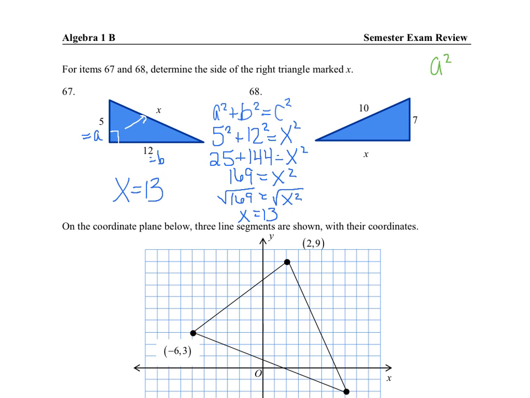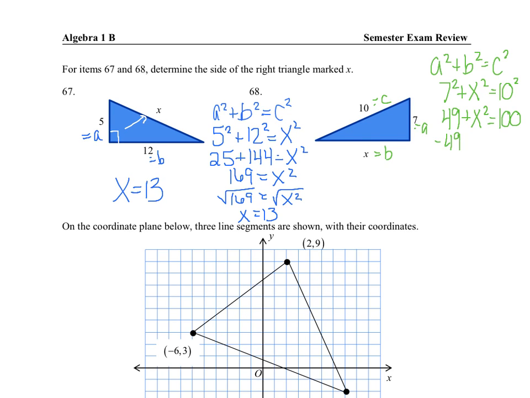Same thing for 68. We're going to use a squared plus b squared equals c squared. But this time, one of our legs is a, x is b, and our hypotenuse is c, and we know our hypotenuse. So we're going to have 7 squared plus x squared equals 10 squared. Well, 7 squared is 49, plus x squared equals 10 squared, which is 100.